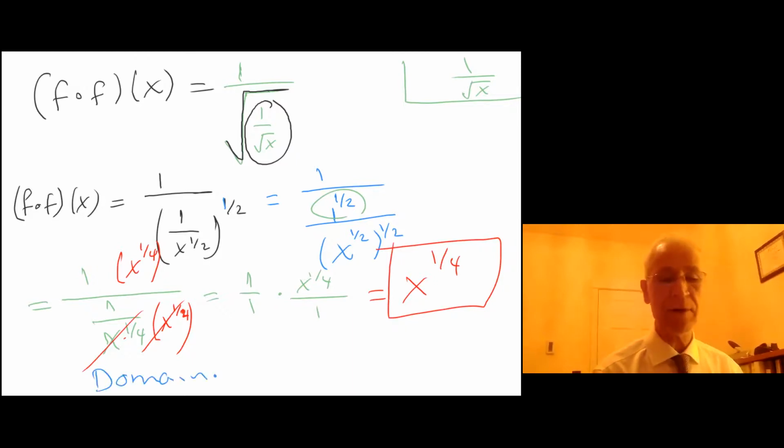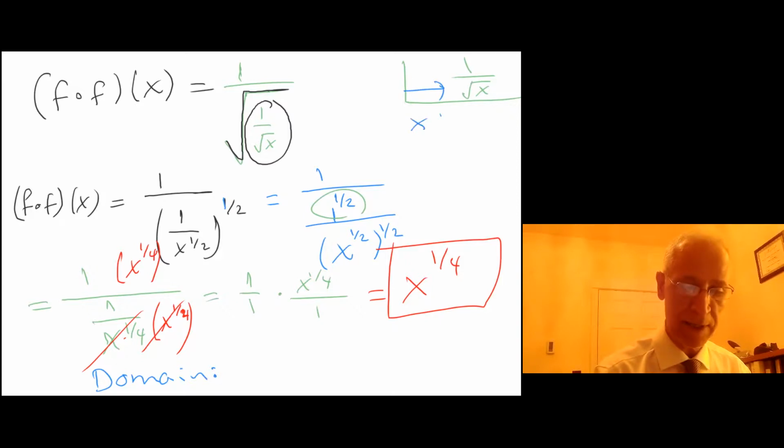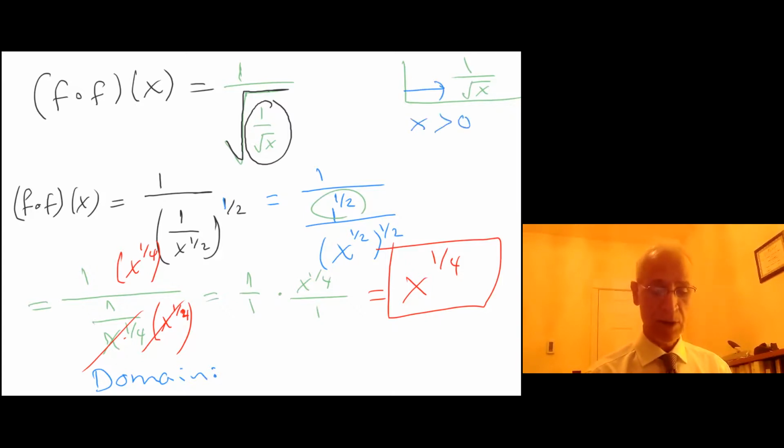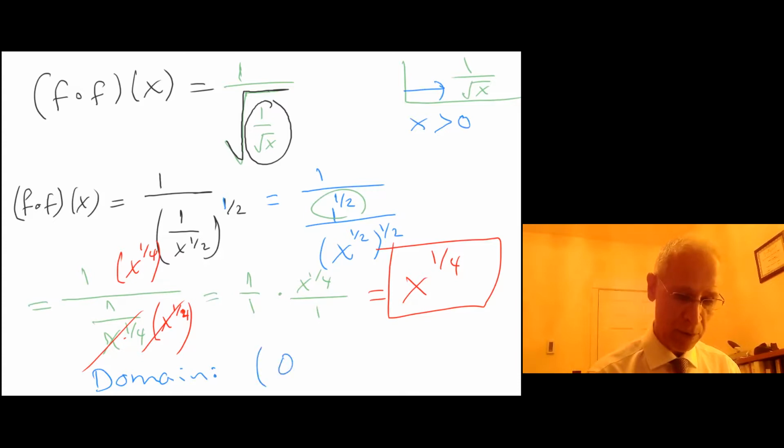Remember, my inner function is f of x right here, and the domain here is x has to be greater than 0. So although there's no restriction for f of x at the very end, the final product of this, I have to consider the domain of the inner function. So the domain is from 0 to infinity, coming from here.